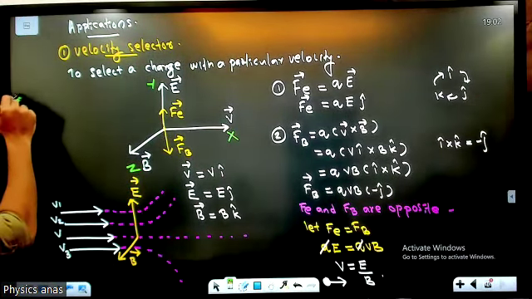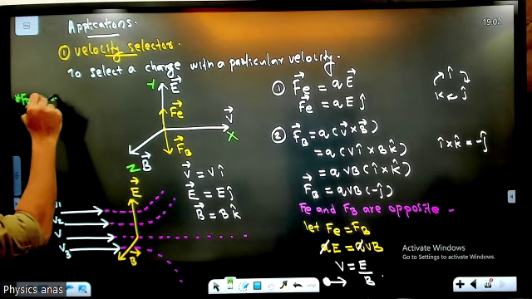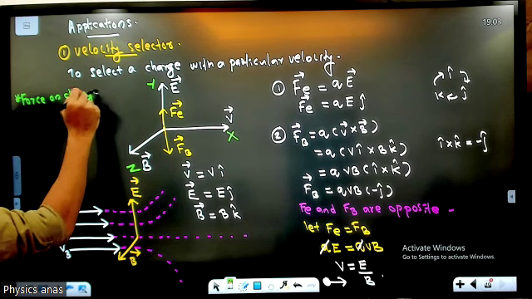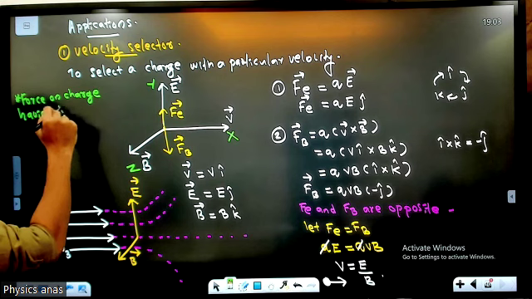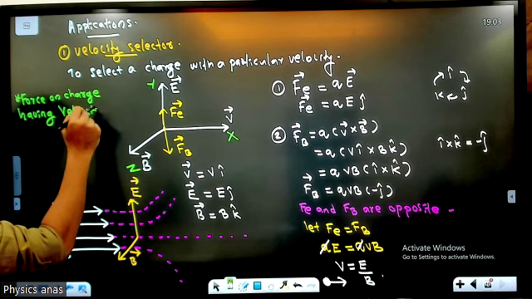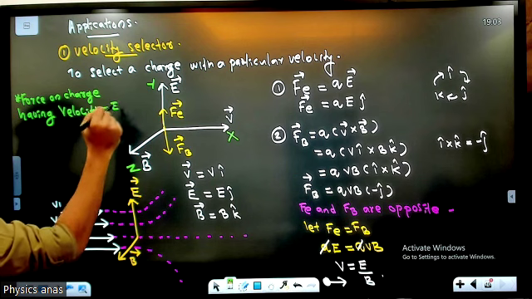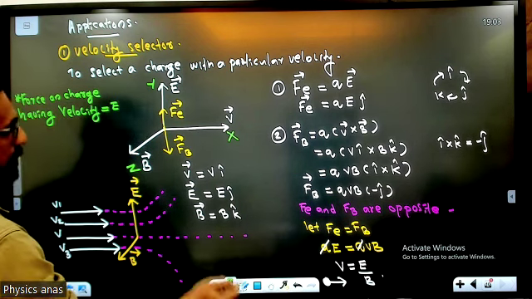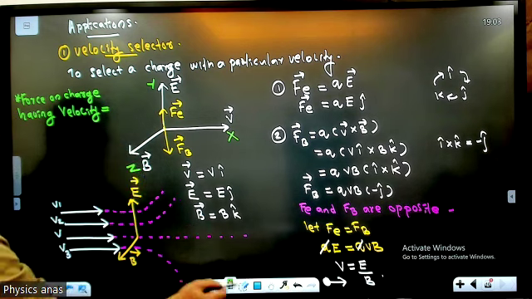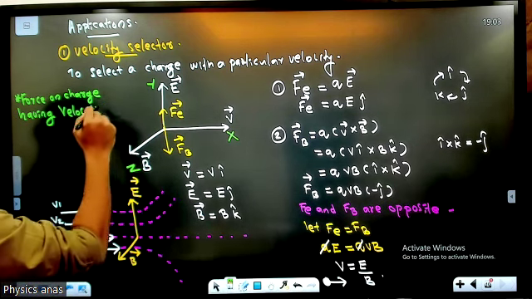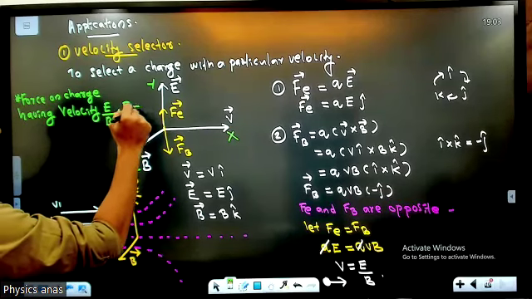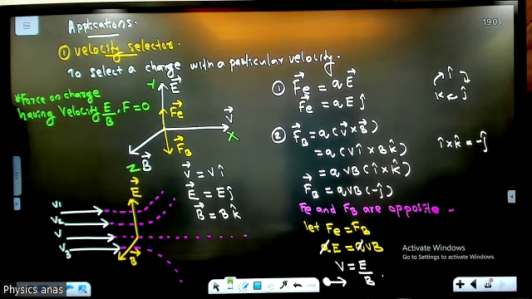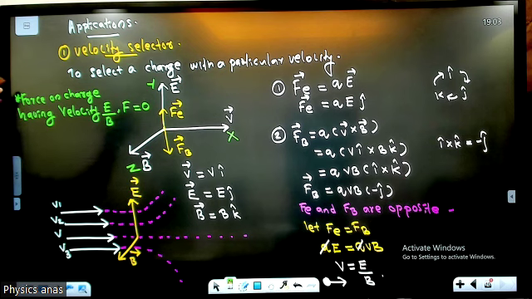After that, you can write: force on charge having velocity E by B, F is equal to 0.